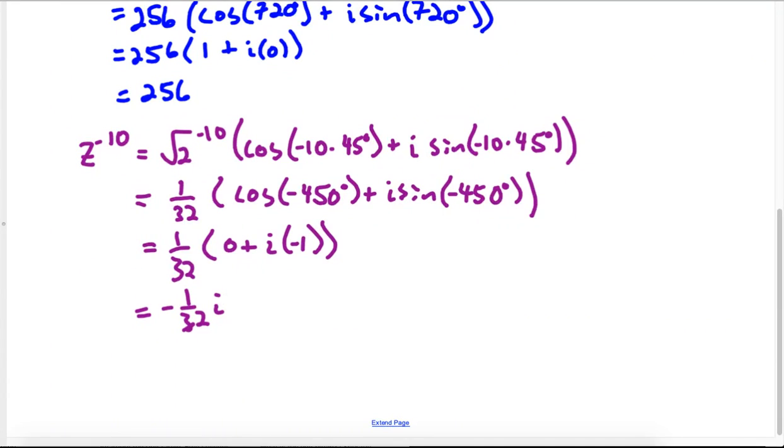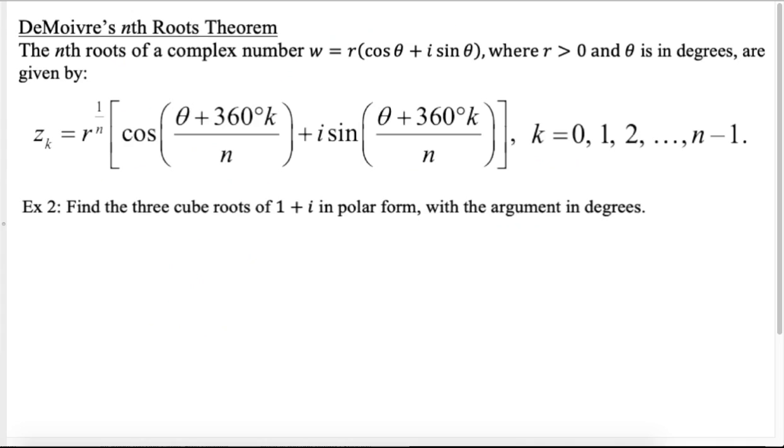Now, we can also find complex roots of a complex number, or I should say nth roots of a complex number. To do this, we're using a similar idea, but slightly different.